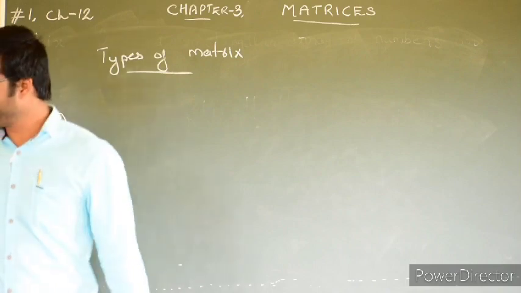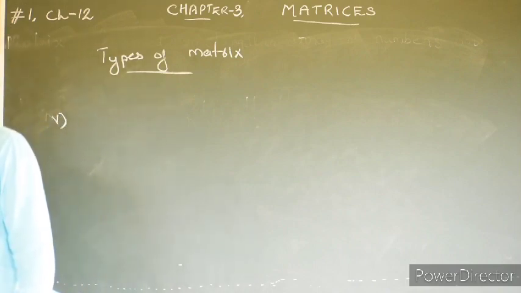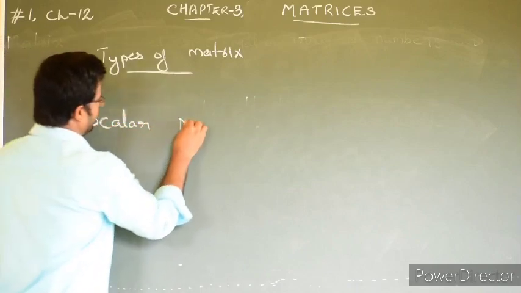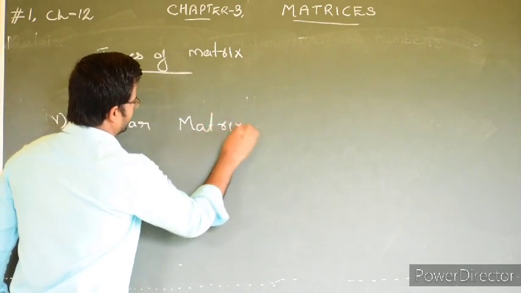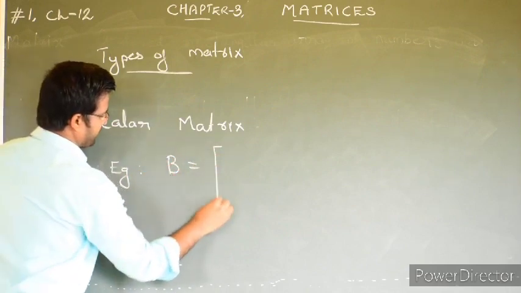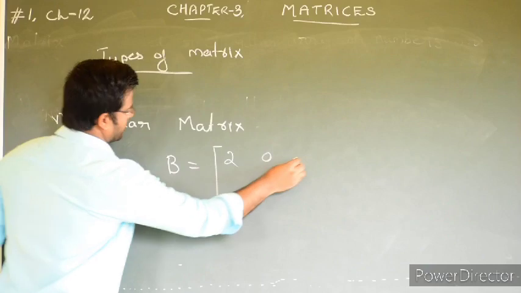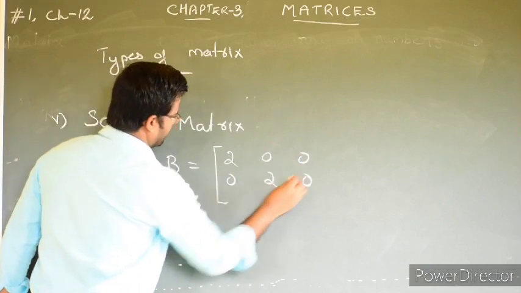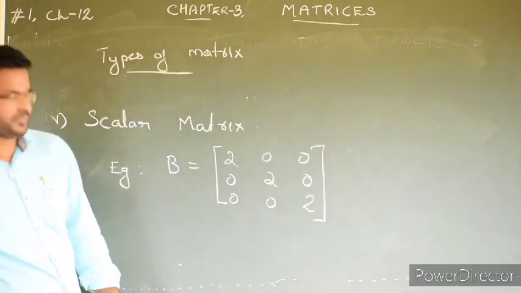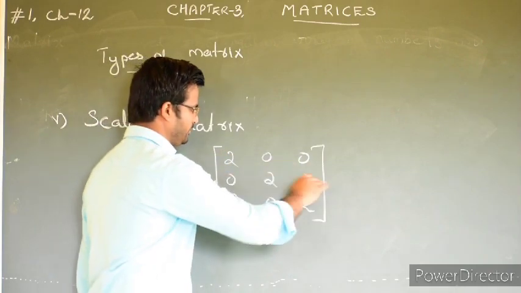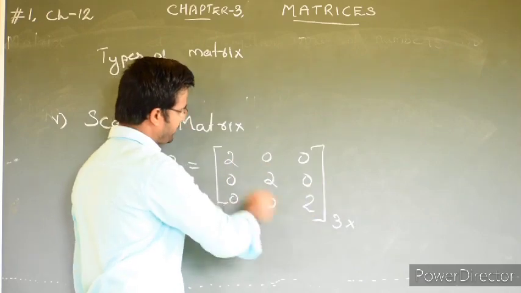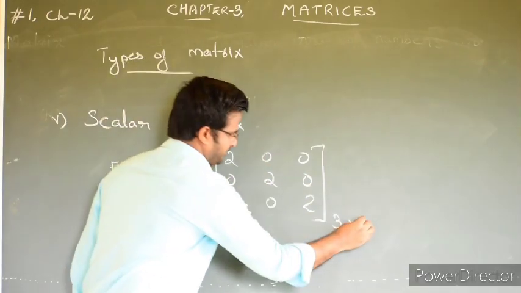Then the fifth type, scalar matrix. You can see one example, B: 2 0 0, 0 2 0, 0 0 2. Here the number of rows is 3 and the number of columns is 1, 2, 3.